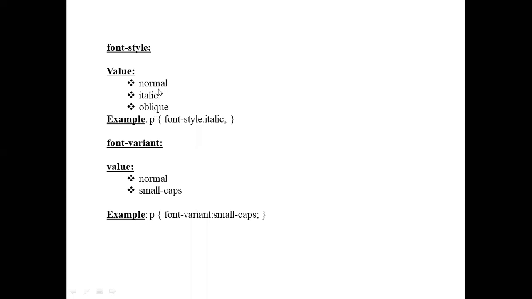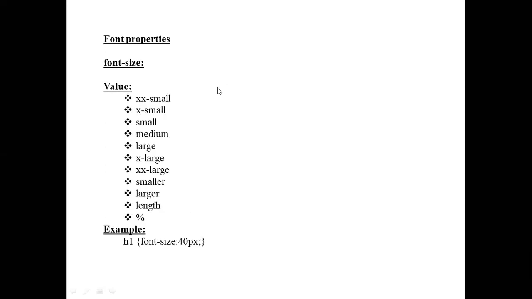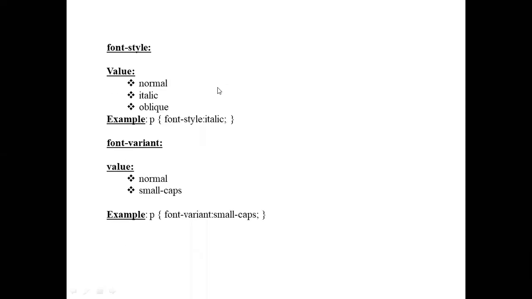Normal means the text is shown normally. Italic means the text is shown in italics. Next, oblique. Here the text is leaning. Oblique is very similar to italic, but it takes the normal font design and just slants it.